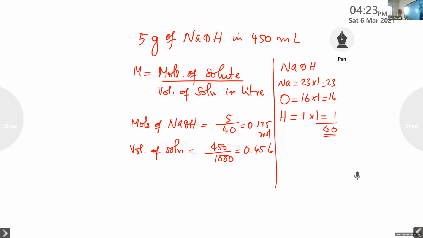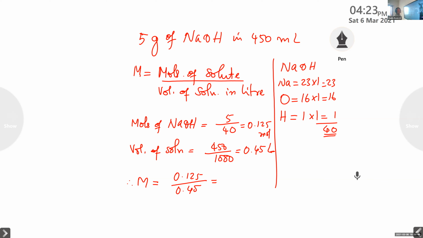Therefore, M is equal to moles of solute, 0.125, by volume of solution, 0.45. You try to simplify that.